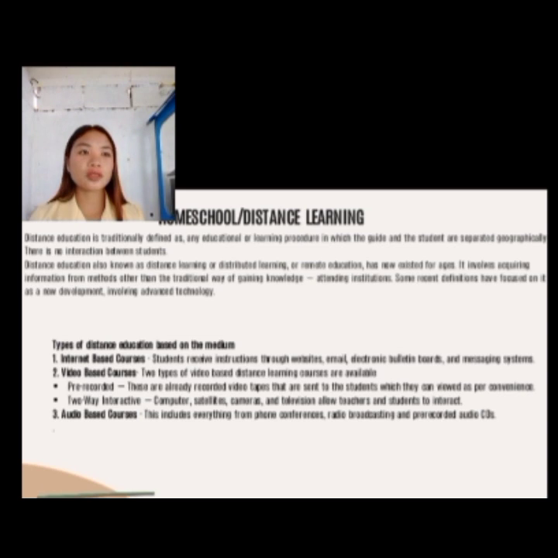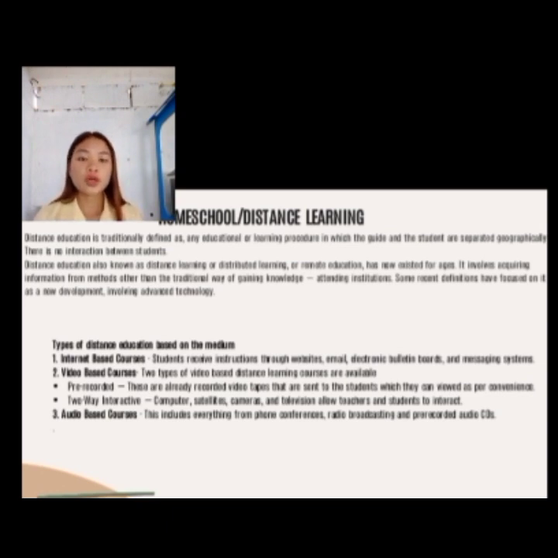These video-based courses might be recorded or live. So it has two types. First is pre-recorded. These are already recorded videotapes sent to the students, which they can view at their convenience. Only a few instructors or teachers use pre-recorded, as they want to see the faces of their students.